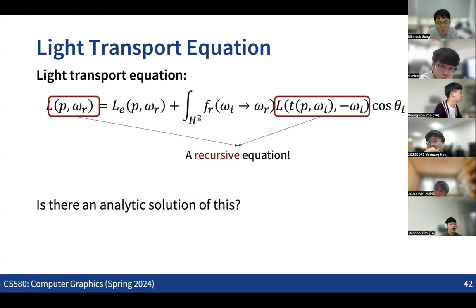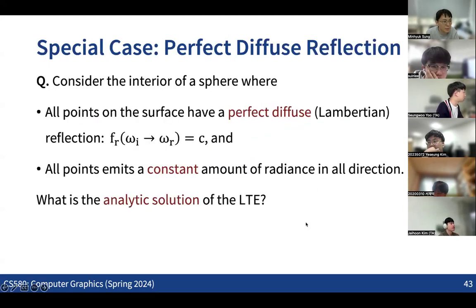But let's think about a very special case where we can think about an analytic solution. Consider the interior of a sphere as the scene. When you have this interior surface, we assume that all the points of the surface have perfect diffuse reflection, which means that the BRDF becomes constant. Let's think of this specific case.